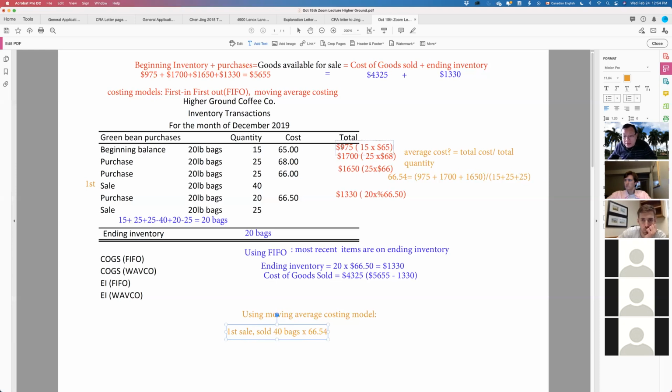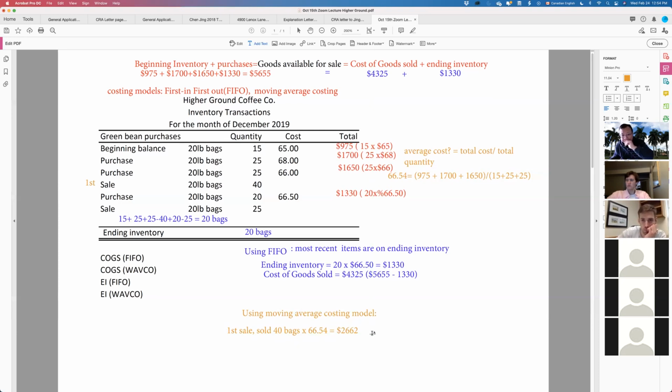So I use the number I calculated, 66.54. So what is this number? I have 2,662. Is this correct? I got that number as well. Good, thank you for your feedback.